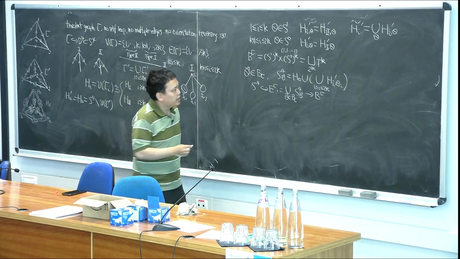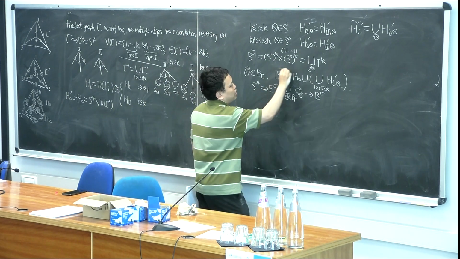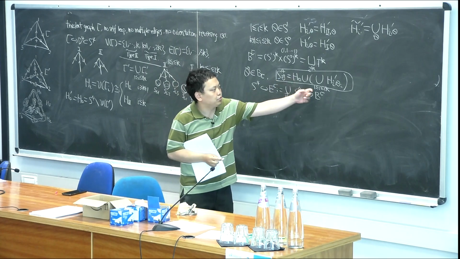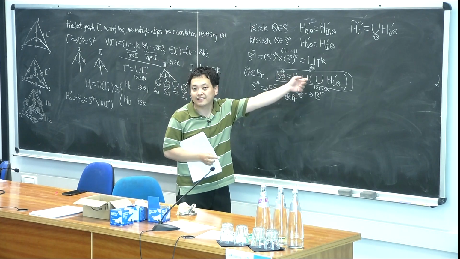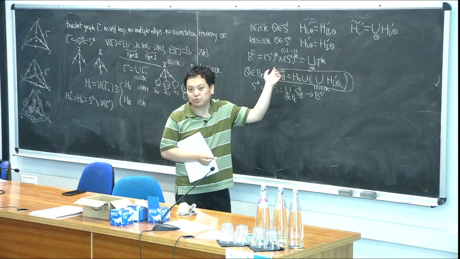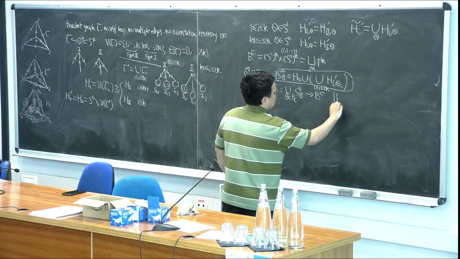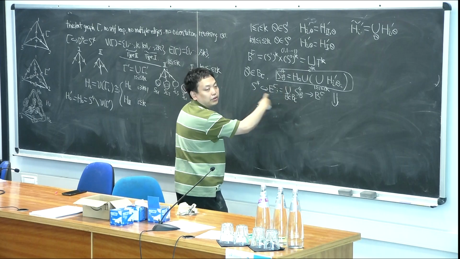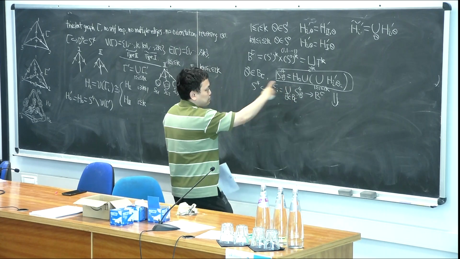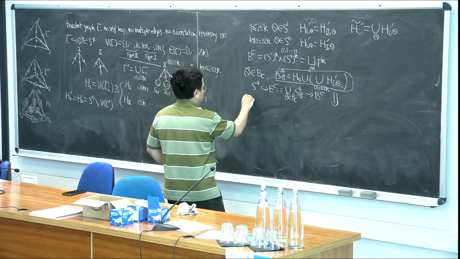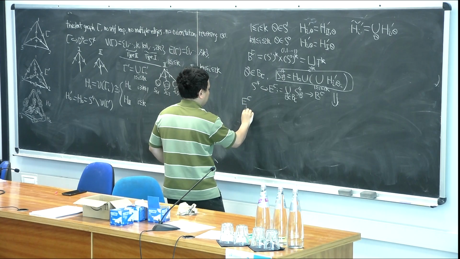And note that this is a decomposition of the fiber, right? So we decompose each fiber into 2k plus 1 pieces, and this will induce a decomposition of this bundle. Okay, so this bundle is also decomposed into 2k plus 1 pieces.